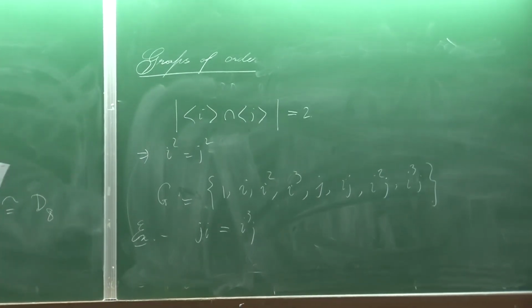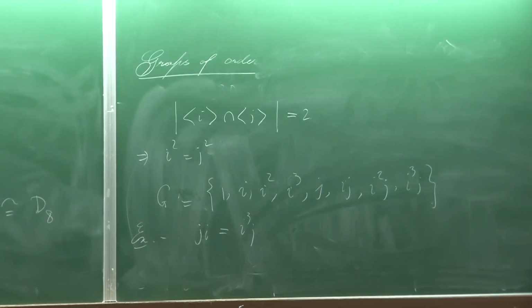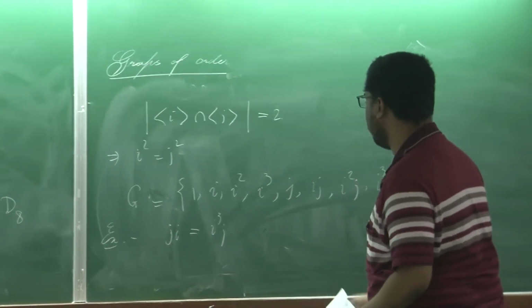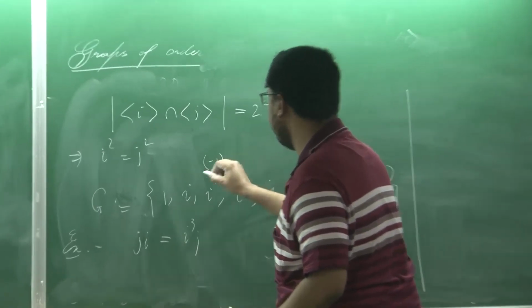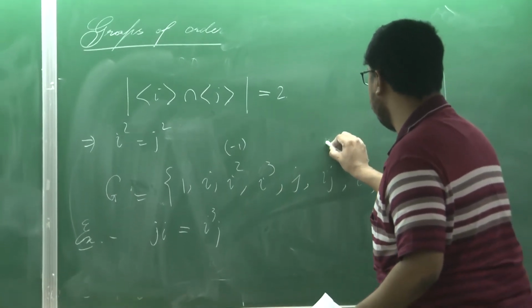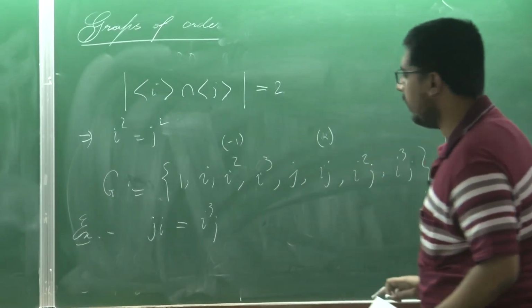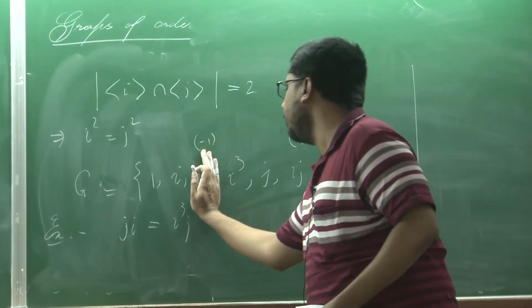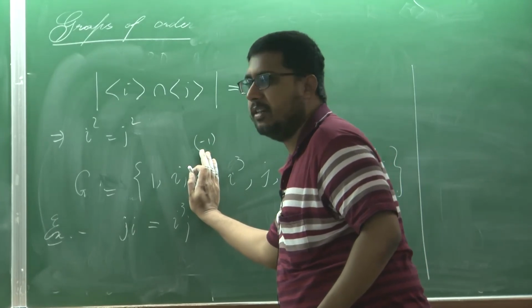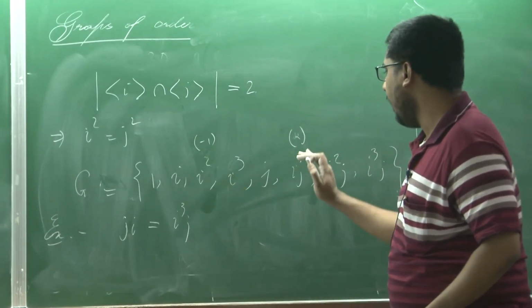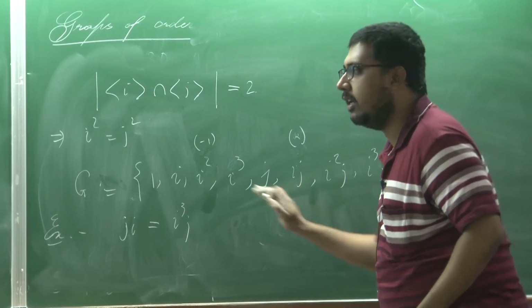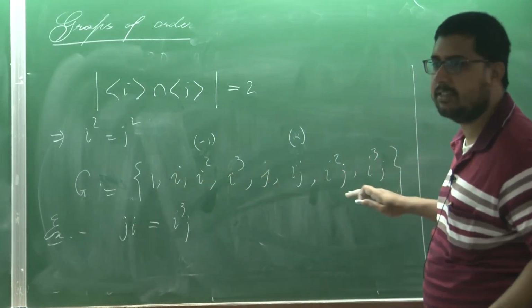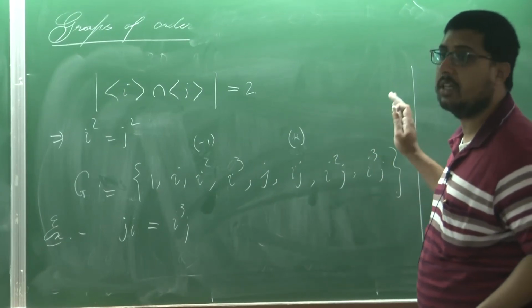Now I have to tell you what this structure is. This is left as an exercise. The hint is that if you treat this symbolically as -1 and denote ij by k, then you will see that the group structure here is exactly isomorphic to Q8.